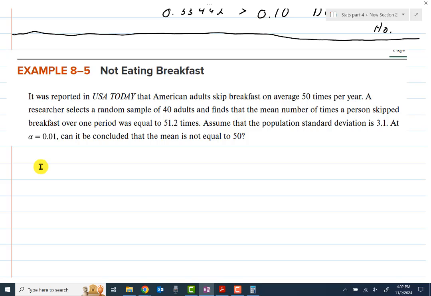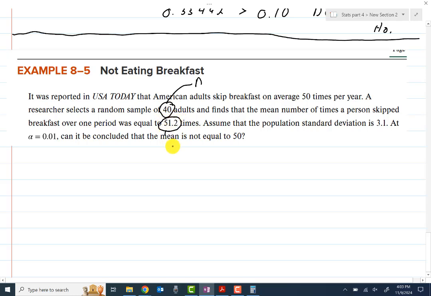Here we're told that American adults skip breakfast an average of 50 times per year. That's what the belief is, at least. A researcher selects a random sample of 40 adults. There's our n. And finds that the mean number of times a person skipped breakfast over 1 year was equal to 51.2 times.